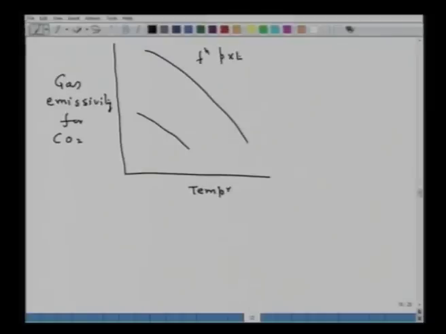For the exact nature of the plot, I will request you to consult the book by J.P. Holman, Heat Transfer, 8th edition, page 438.